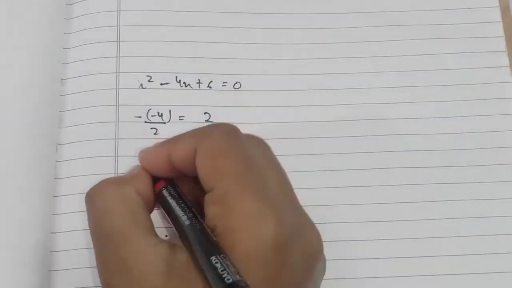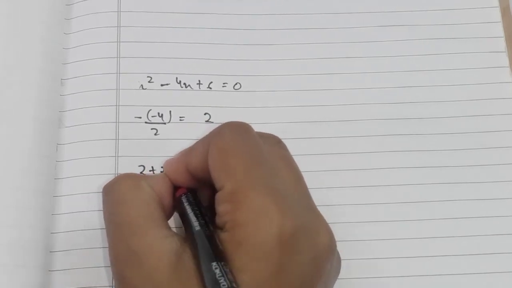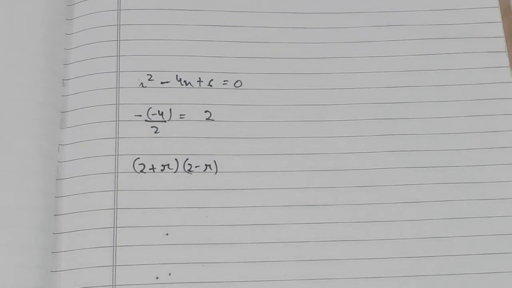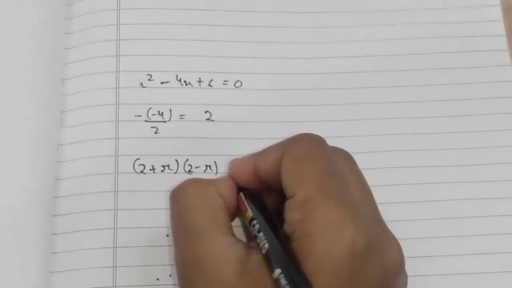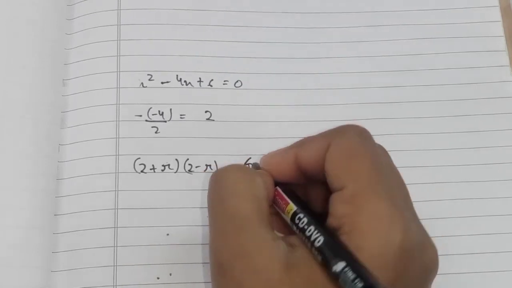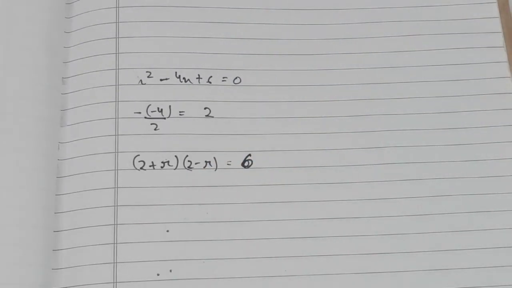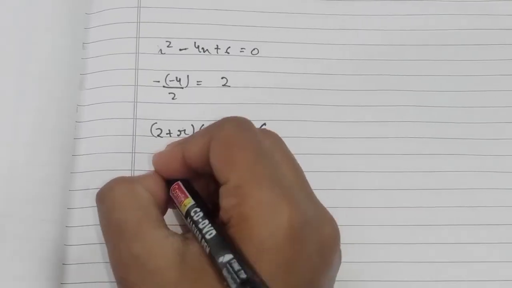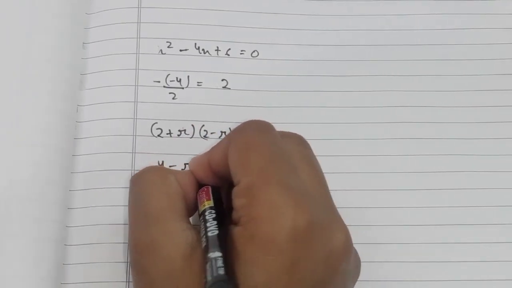Now we multiply 2 plus r into 2 minus r, and this is equal to 6, right? So using the difference of squares formula, we get 4 minus r square is equal to 6.